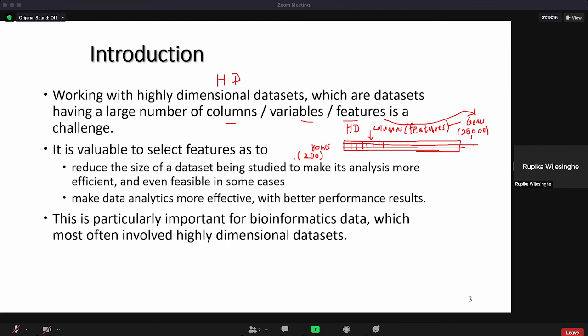As I said, we can't work with this high dimensional data set, so we need to select a set of genes to work with. As we can't work with 25,000 genes, we need to select genes.